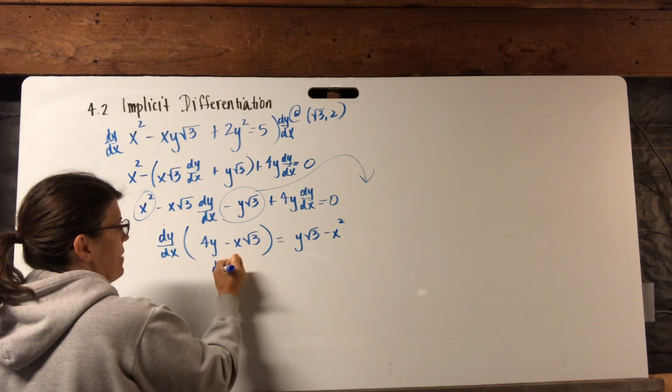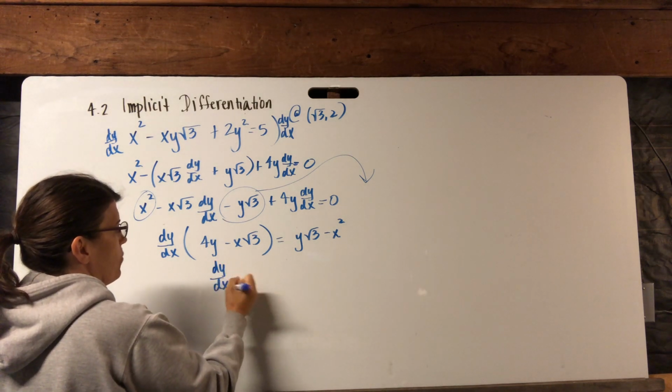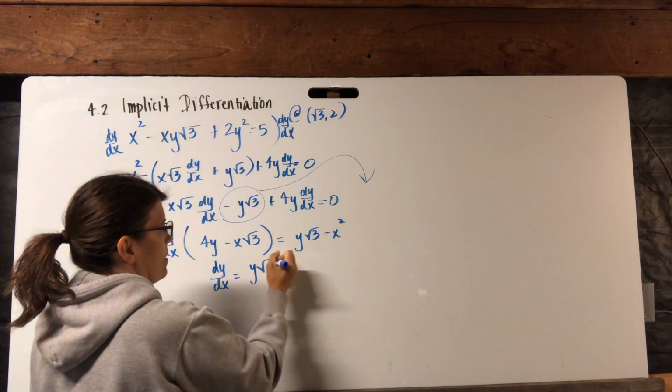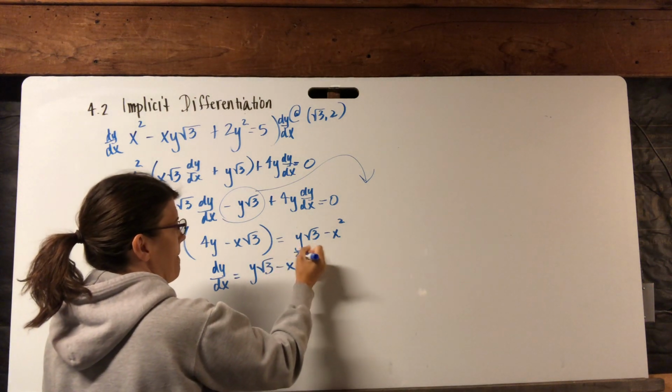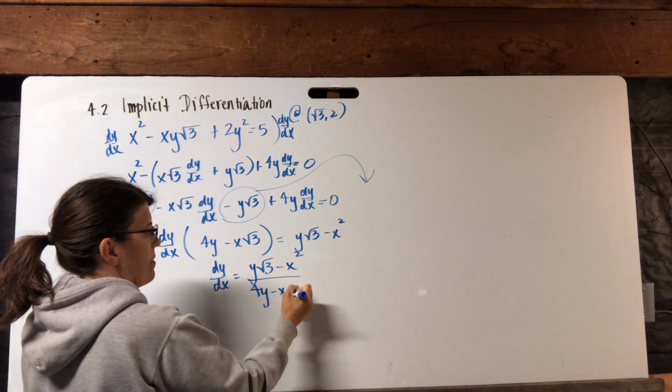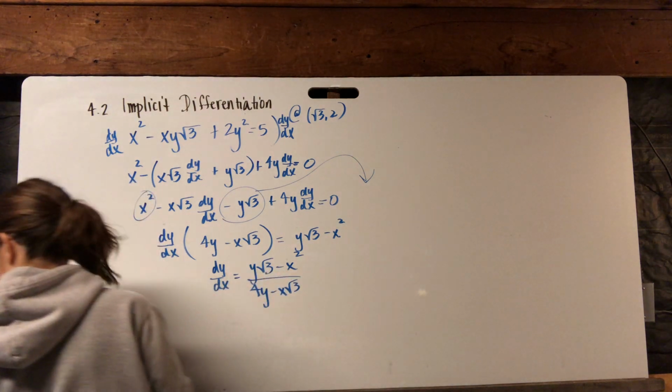Divide, and we get the derivative of y with respect to x is y root 3 minus x squared over 4y minus x root 3.